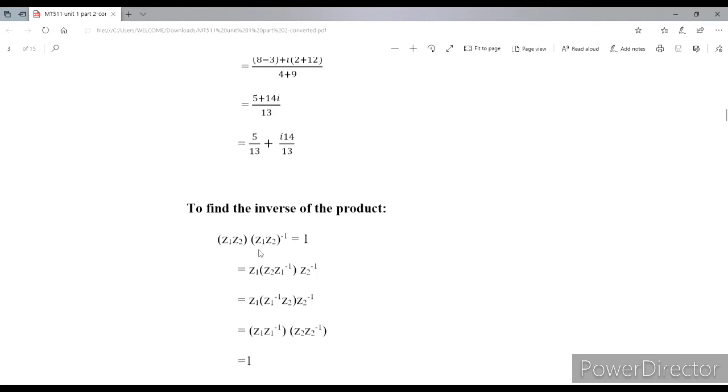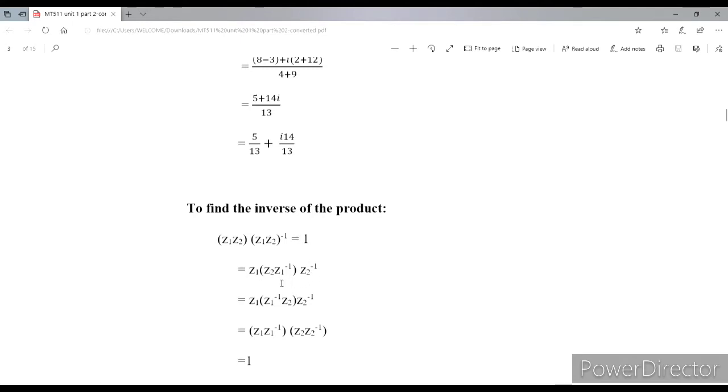Now rearrange this, that is, regrouping Z1 into Z2 into Z1 inverse into Z2 inverse, because (Z1 Z2) inverse is Z1 inverse Z2 inverse. Therefore, we can write it as Z2 Z1 inverse into Z2 inverse.